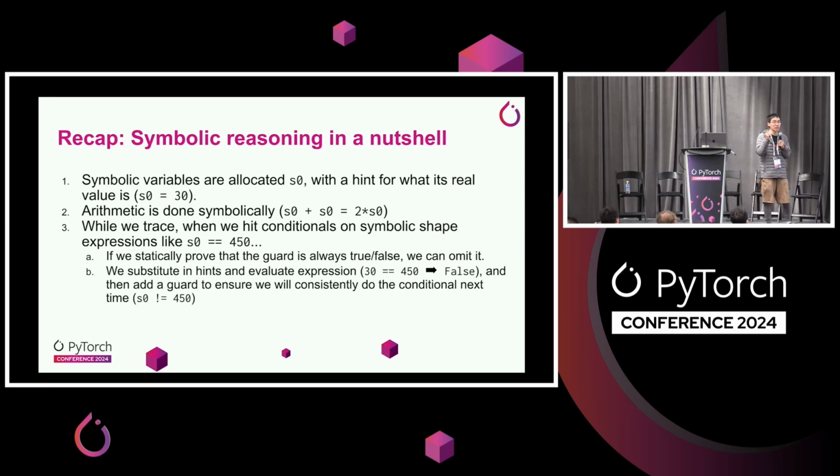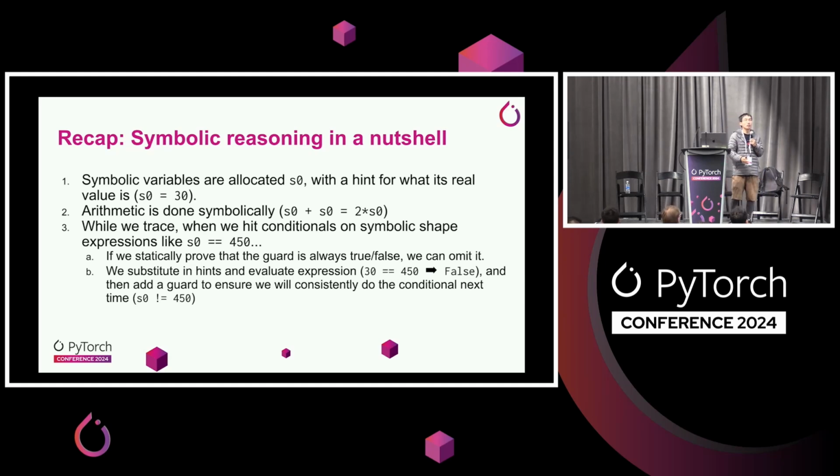Because PyTorch 2 is a just-in-time compiler, we always have the actual inputs at hand. So I can remember that S0 had value 30. Then, when I do shape computation, when I add to it or cat it together with other things, I represent this arithmetic symbolically.